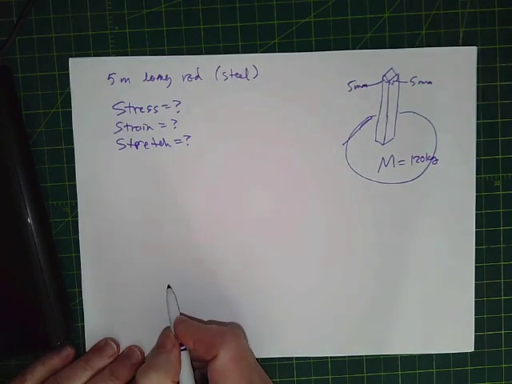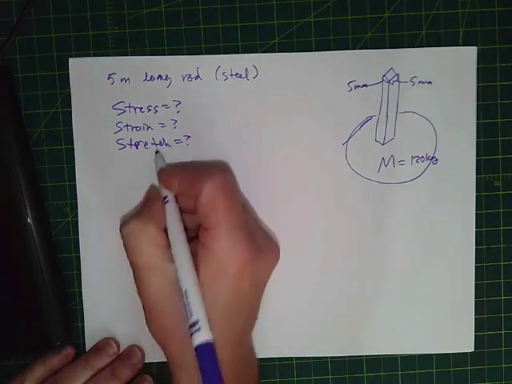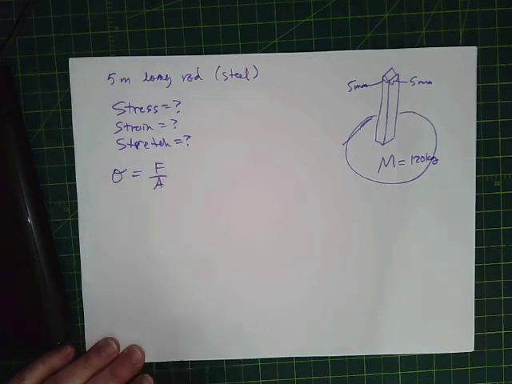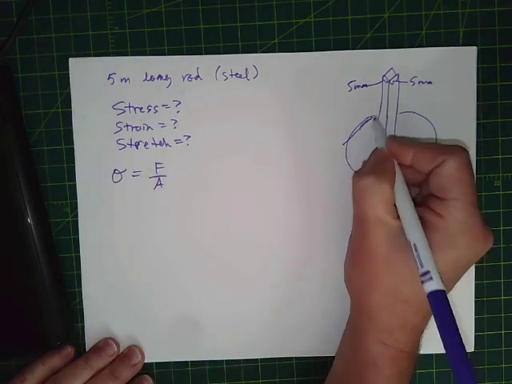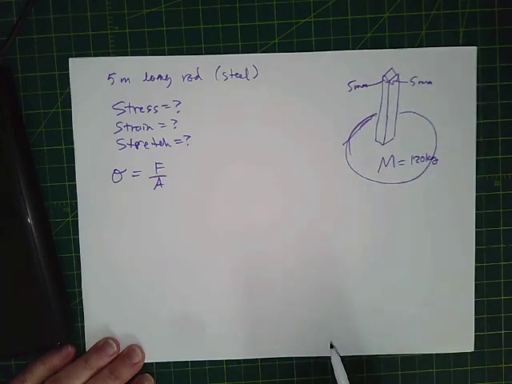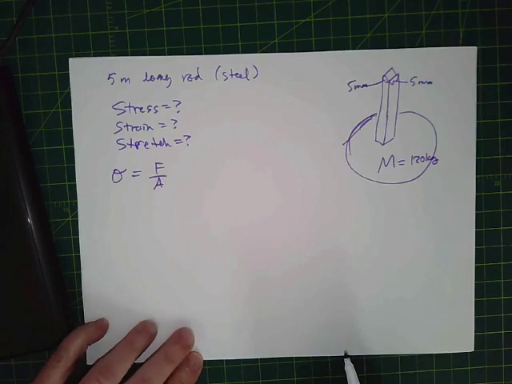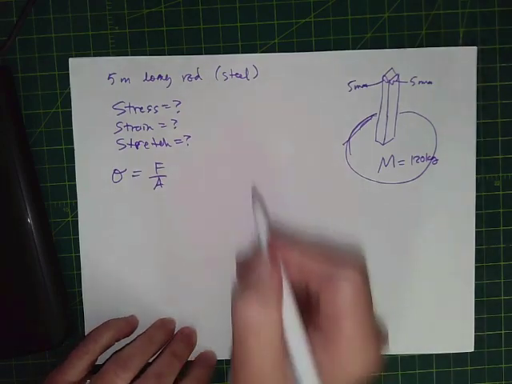Let's do stress first. Stress, sigma, is force per unit area. What is the force on the thing? We're going to ignore its own mass. We're just going to look at the stress from end to end caused by the heavy mass on the end.